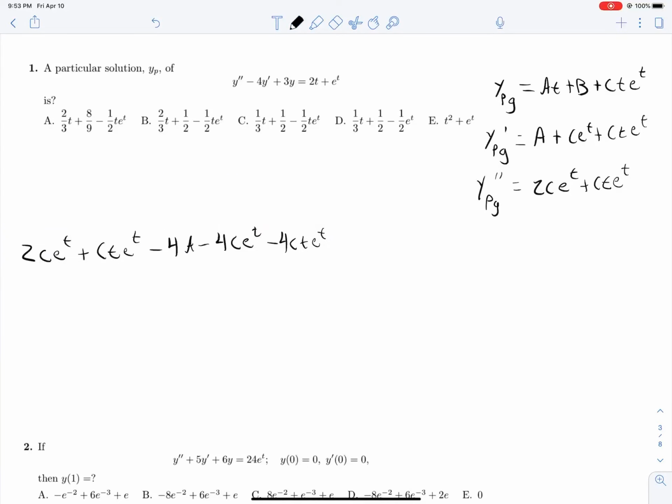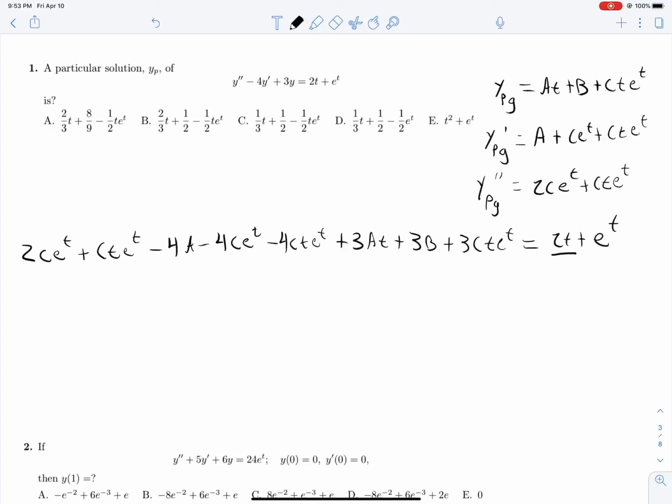Plus 3y, that will be plus 3at plus 3b plus 3ct e to the t is equal to 2t plus e to the t. This is looking a little complicated at this point, but we can take some of these and make them into direct equations.